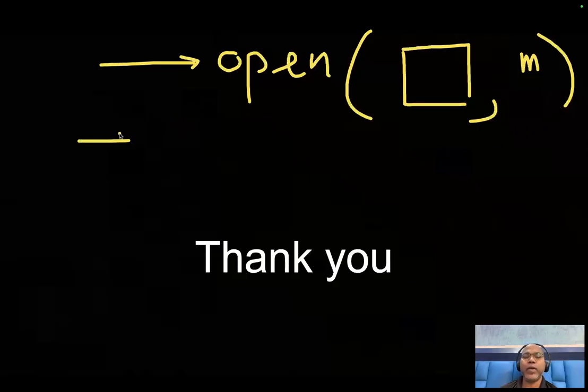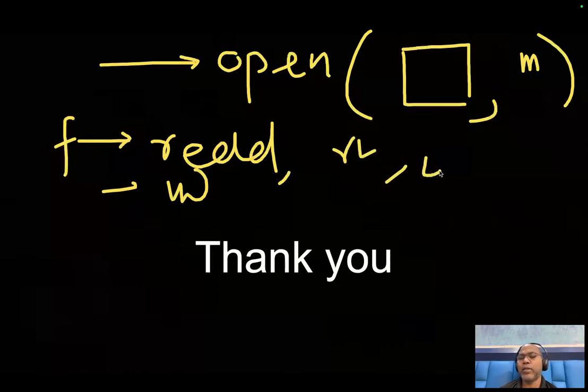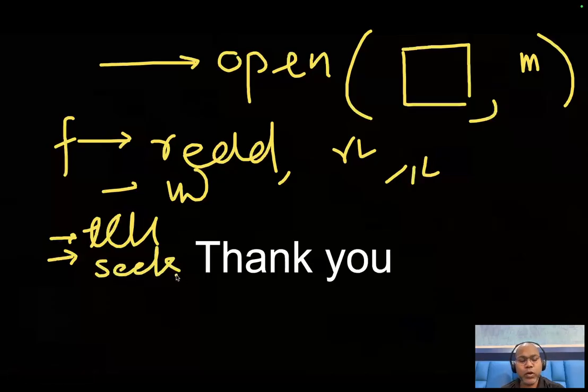After that, we have a file pointer available, and with the file pointer you can perform read operations and write operations, maybe readline or readlines, any operation. Even if you want to move the file pointer cursor, you can use tell to get the current position, and seek to move the file pointer to a specific place. All these operations you can do very simply from the open function in Python.